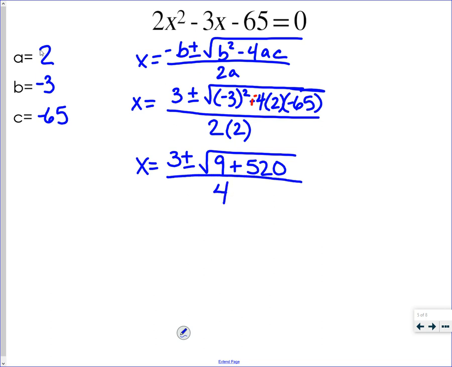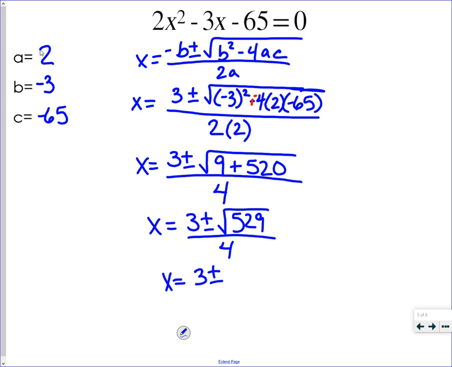Now, when I add those numbers inside the radical, I get 529, which is a perfect square. Most people probably aren't going to recognize that, and in fact, I just did that on my calculator because I didn't know what it was offhand. But the square root of 529 is 23.